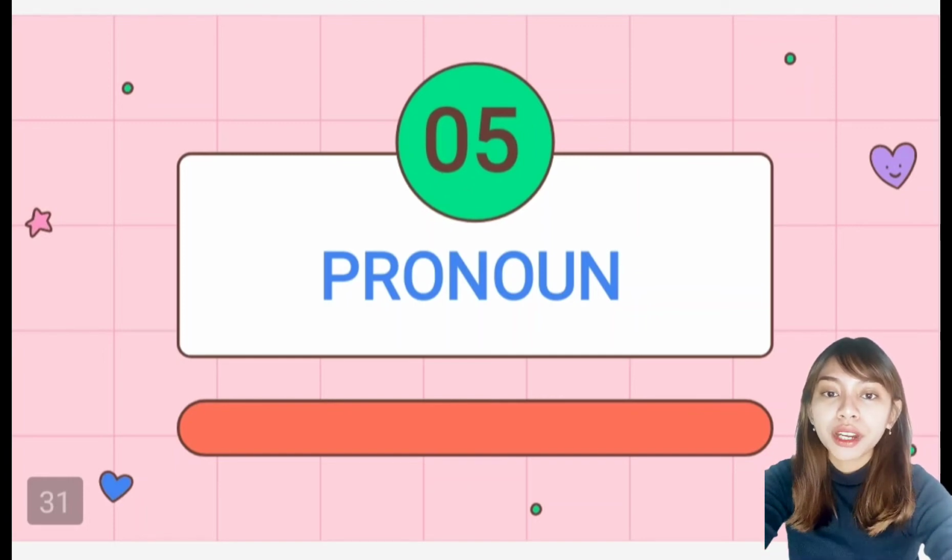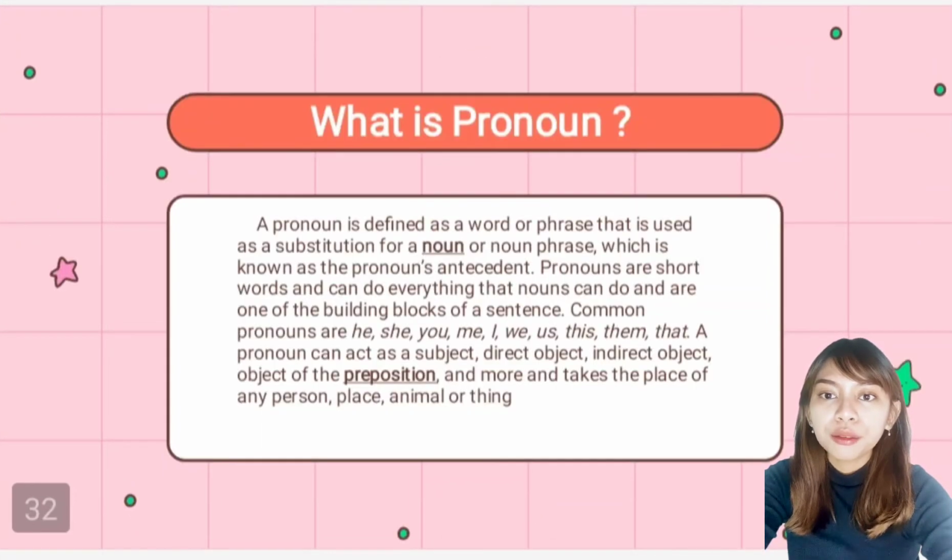So, what is a pronoun? A pronoun is defined as a word or phrase that is used as a substitution for a noun or noun phrase, which is known as the pronoun antecedent. Pronouns are short words and can do everything that nouns can do and are one of the building blocks of a sentence.